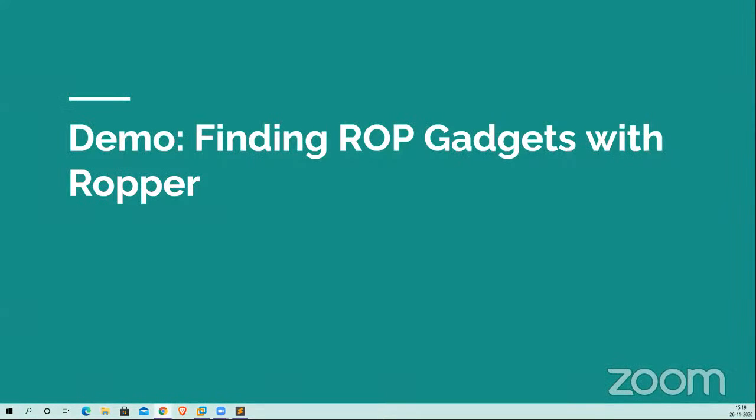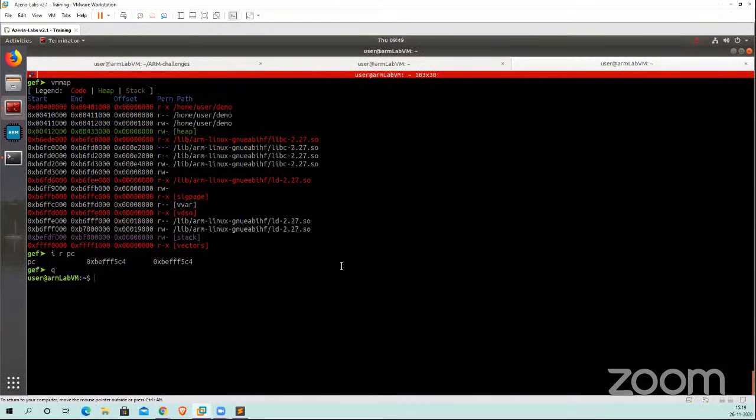Let's see how to find ROP gadgets with Ropper. So run Ropper. Load the file. Nice.